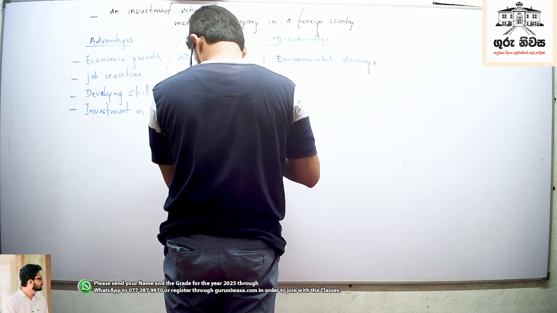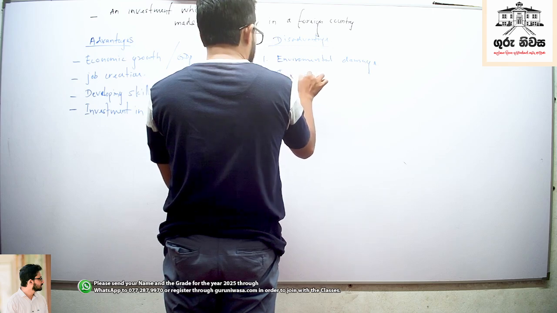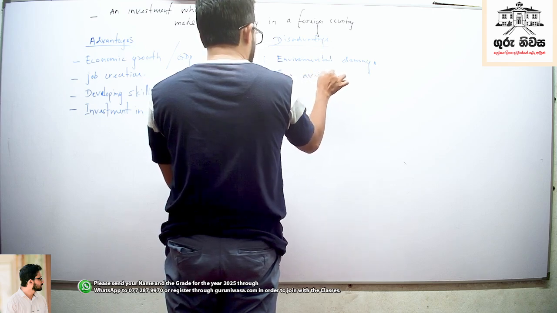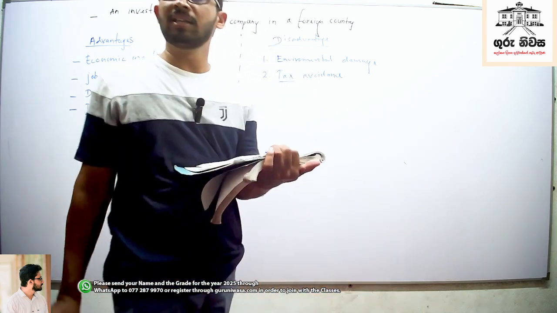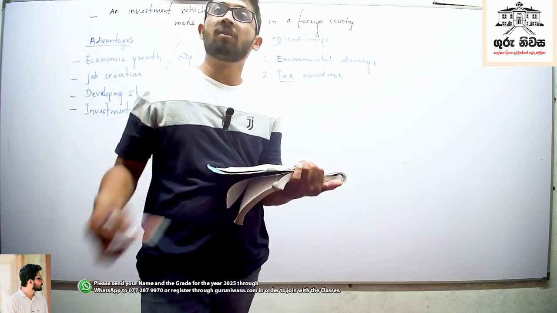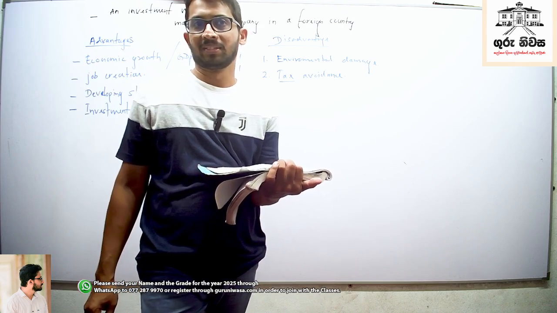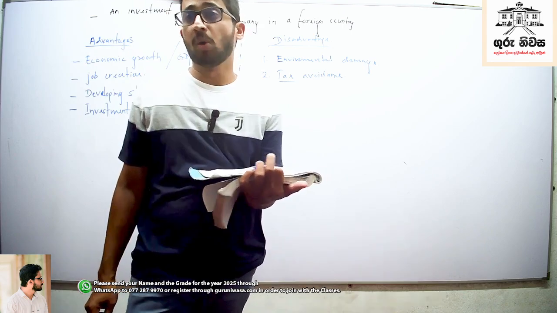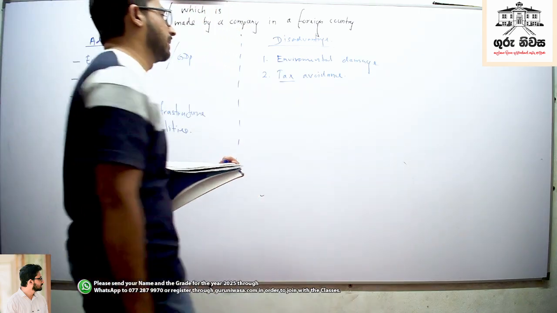Second one, tax avoidance. Tax avoidance means these companies try to avoid paying taxes, because these are large, very powerful companies.